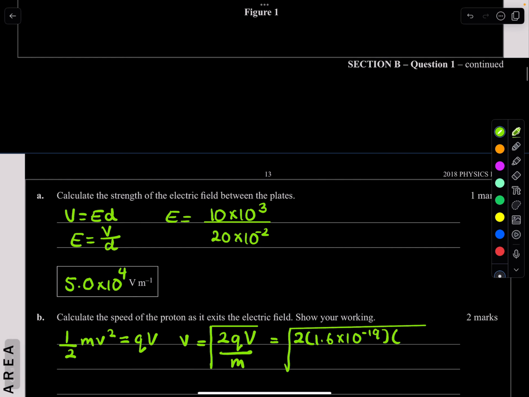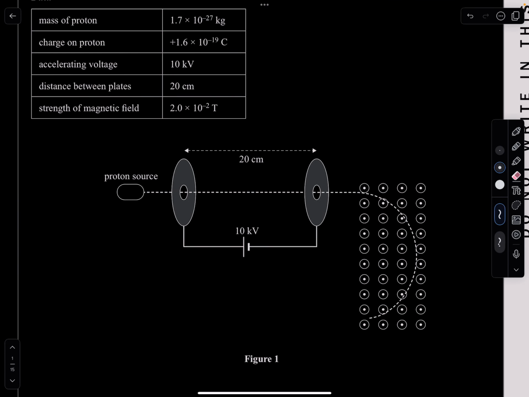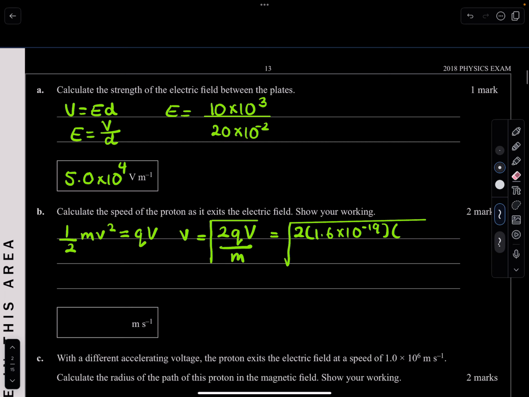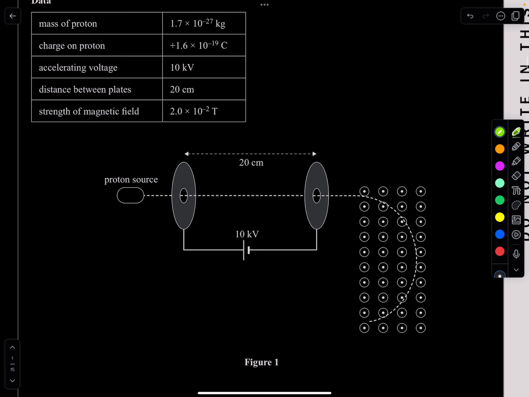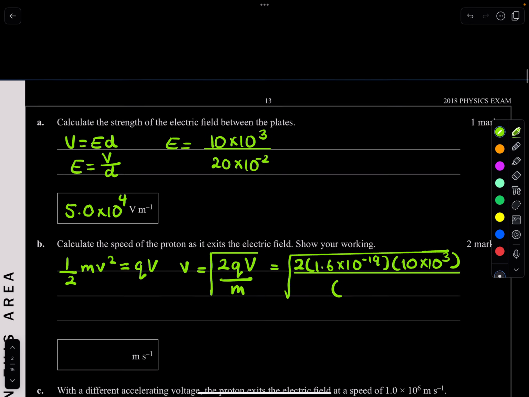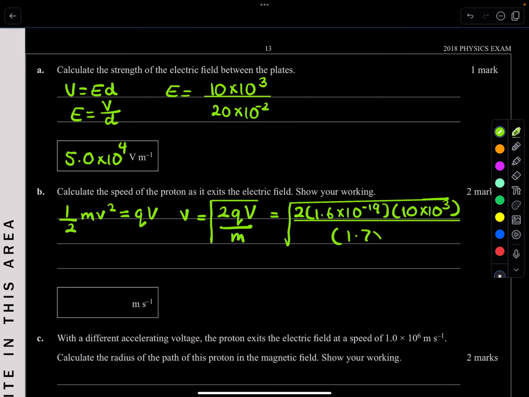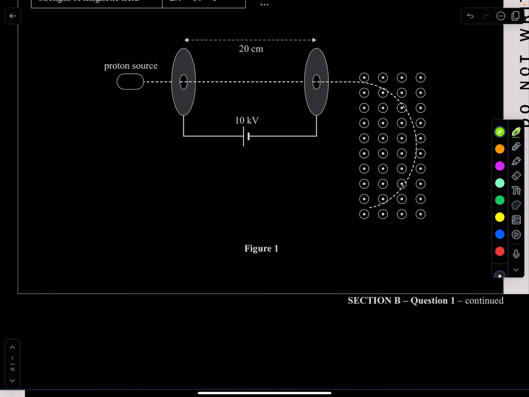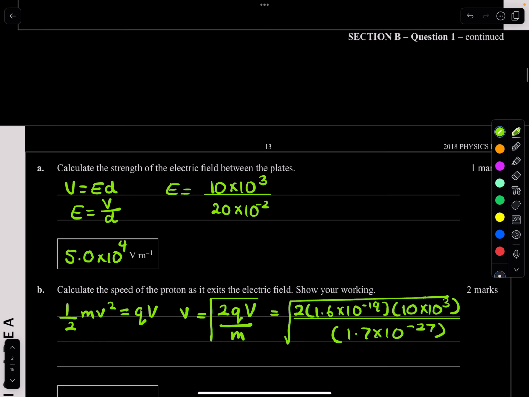Times your voltage, which was, well, 10 kilovolts, so 10 times 10 to the power of 3 to get it to volts. All divided by its mass. So the mass of a proton is 1.7 times 10 to the negative 27. Just double check your answers.